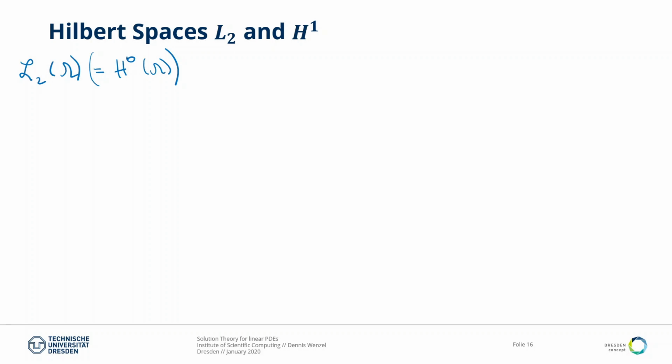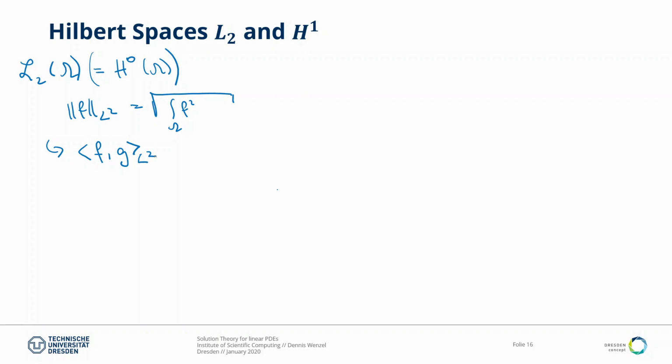And well, we know already what the norm is. So the norm is something we have talked about before. So the norm in L2 is the square root of the integral value of f squared. So, well, if you want to construct a scalar product now that induces this norm, the concept is pretty simple. So we take angular brackets of f and g. So we want to define a scalar product on L2 for two functions now.